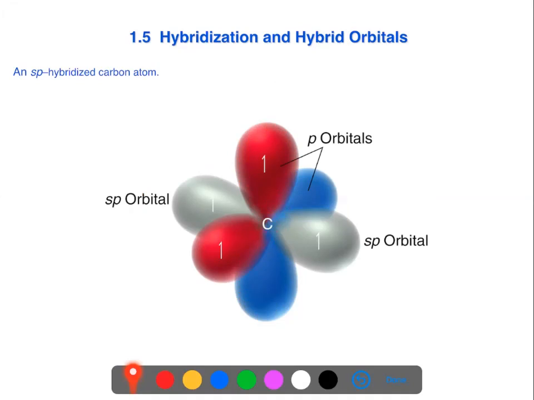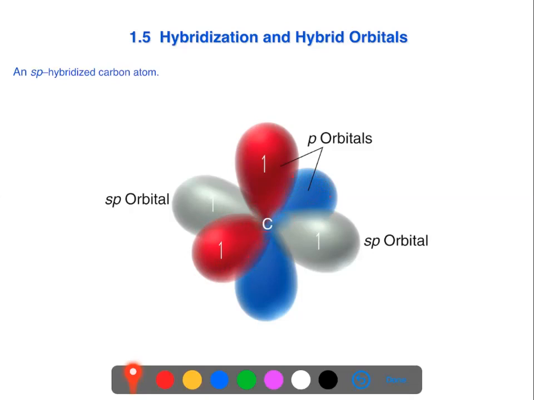And then orthogonal to that, 90 degrees and somewhat coming out at you in the plane, is this p orbital. Okay, so we have 2 p orbitals around this carbon center. These are the unmixed p orbitals, and as a result, these are the orbitals that are involved in pi bonds.